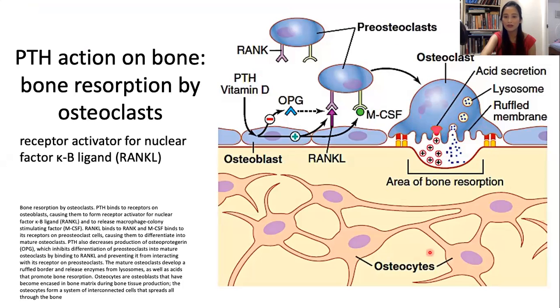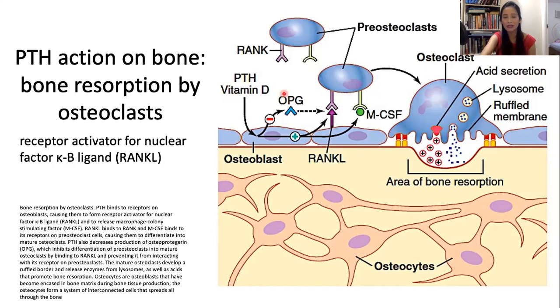Now, your osteocytes are actually osteoblasts that have been trapped or encased in the bone matrix during bone tissue production. So they become interconnected, they form a system of interconnected cells that spreads all throughout the bone. Okay, so I hope you remember how this happens.